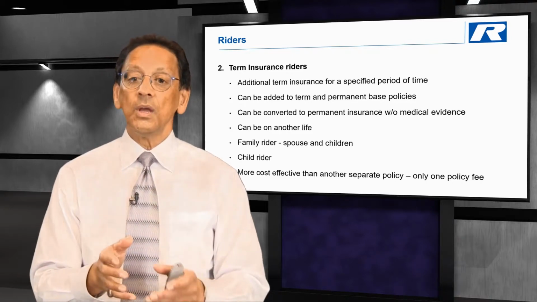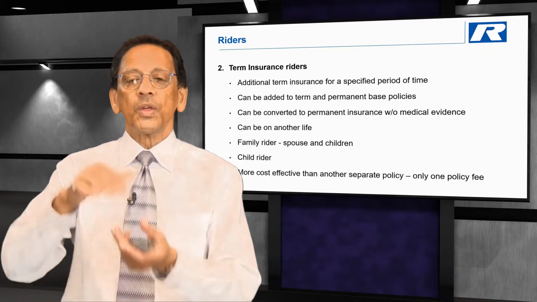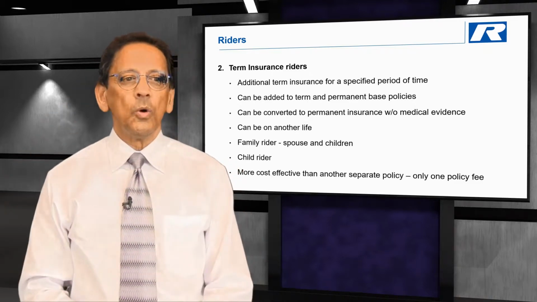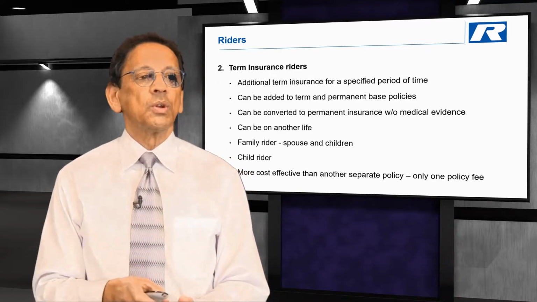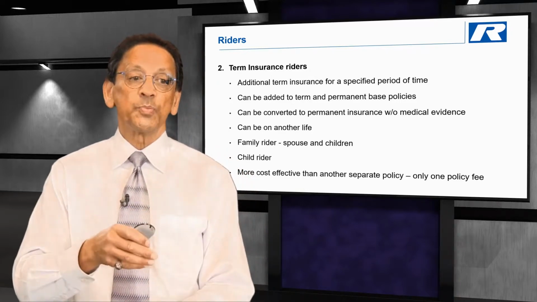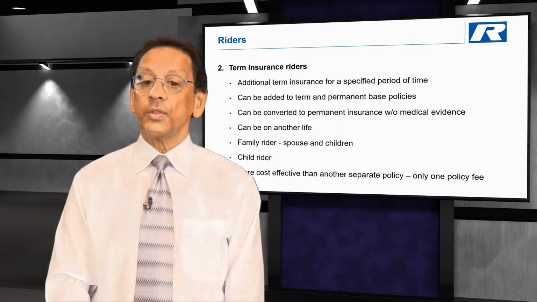And in between, you would have that combination, which is a $100,000 base plan with a $100,000 rider. So to manage the cost, if you need a certain coverage, you can have combinations of a base plan and a rider. Now that rider also can be on another life.